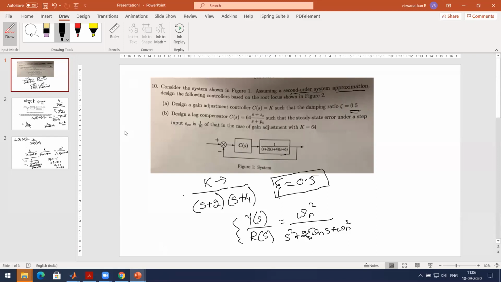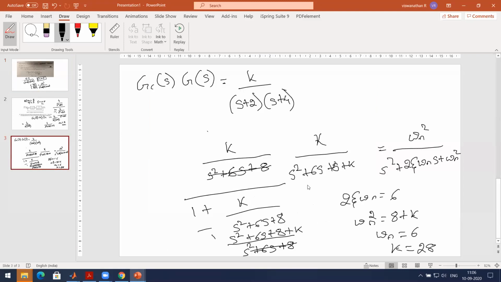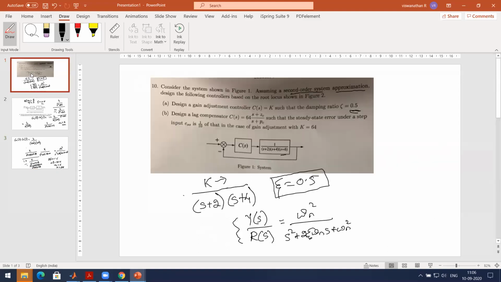For the test or exam, if it's a written test, then you will be asked to do these hand calculations. If it's a control lab, then you'll be asked to directly find the gain value using the control system designer app.